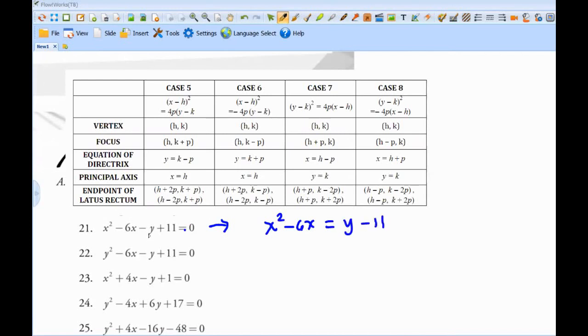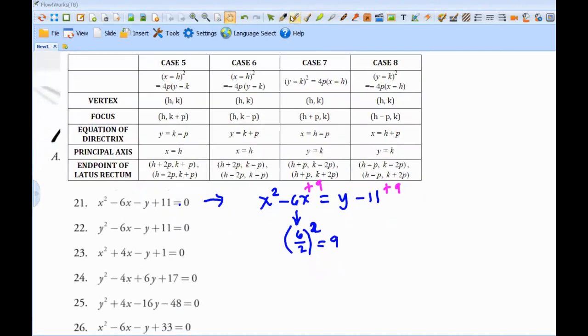So I put the negative y to the right side, it became positive. Now, by completing the square, we get b, which is 6 divided by 2 is 3. Then square it, it's 9. So we will add 9 left and right. Plus 9 here, plus 9 here.